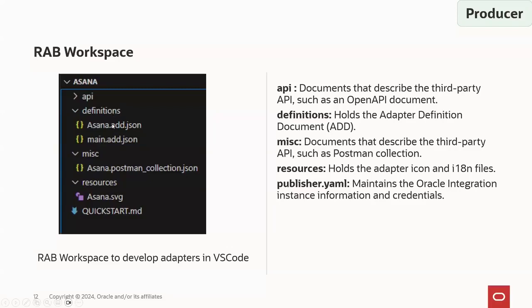You are going to create what is called an ADD, which is the adapter definition document. This is the heart of the whole thing, which is going to get generated based off your Postman collection. You will see this in the demo. And resources will hold your adapter icon and any of your internationalization files. And publisher.yaml, which I was showing you earlier, maintains the instance information, right?